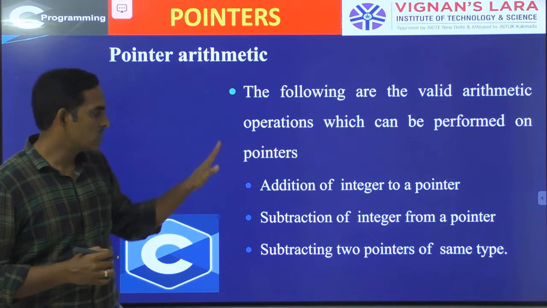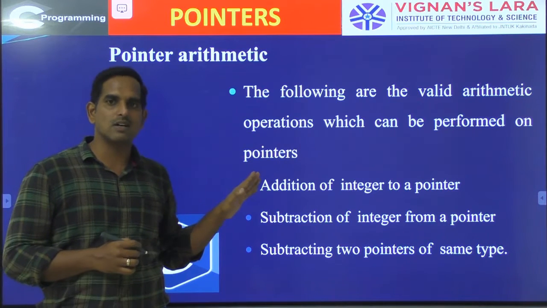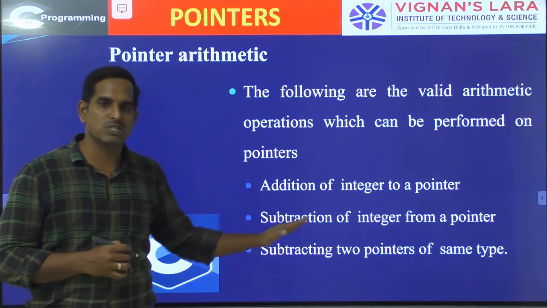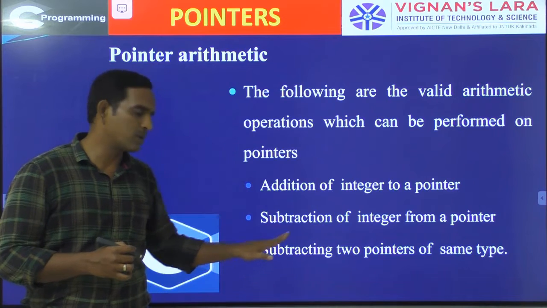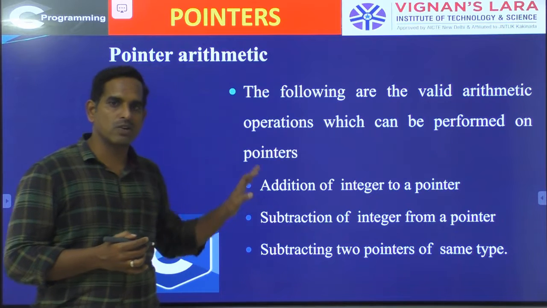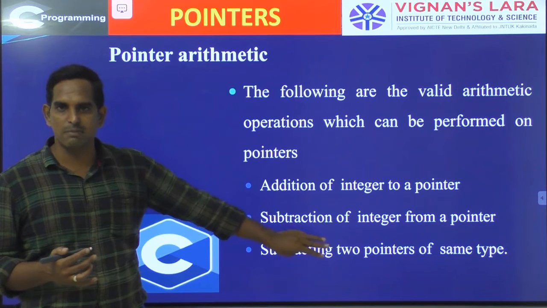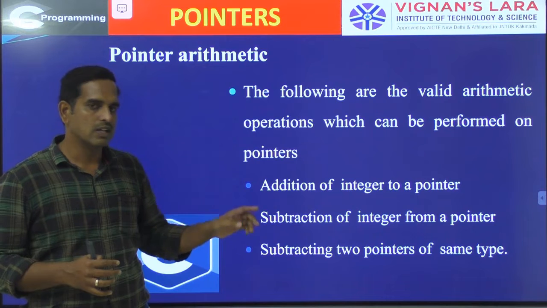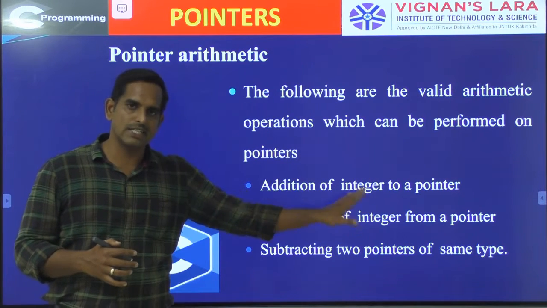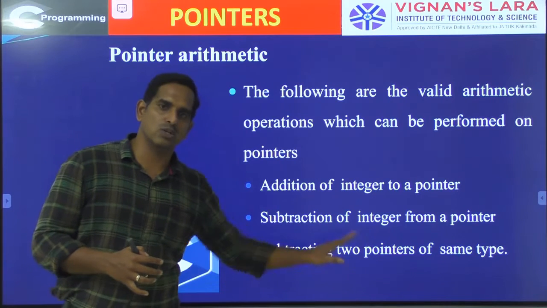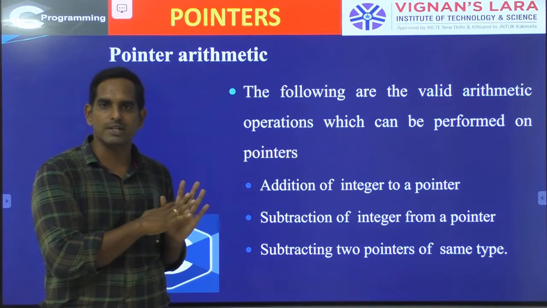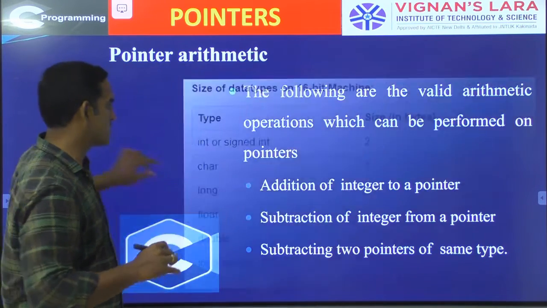You can add an integer to a pointer, you can subtract an integer from a pointer, and you can subtract two pointers of the same data type. Remember, you cannot perform all the arithmetic operators, only these three. But remember, you cannot add two different pointers.